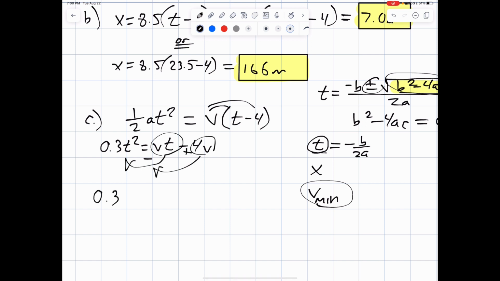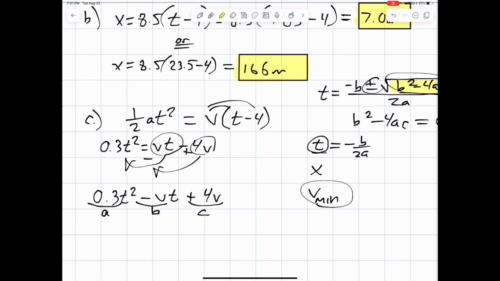And I get 0.3 t squared minus v times t plus the 4 times v right here. So this would be a, this would be b, and this whole term here would be c. And we're going to plug those in.